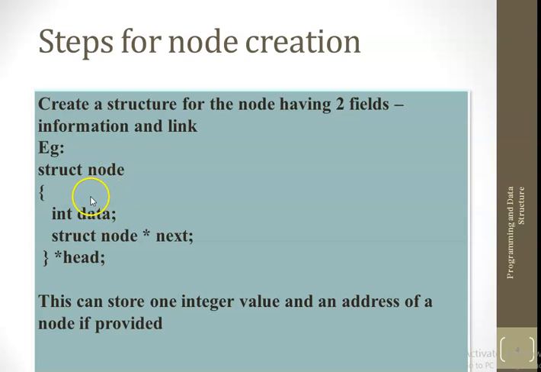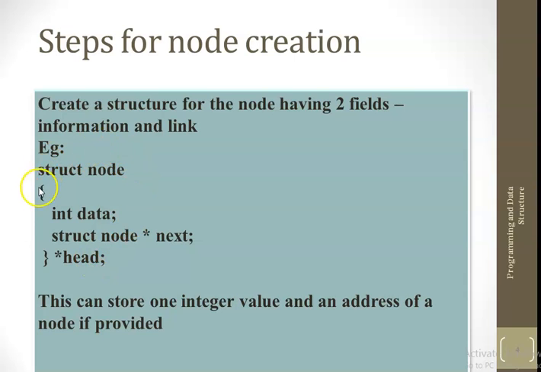So a linked list is a collection of self-referential nodes, or nodes formed using self-referential structures. So here we are declaring a structure variable also. We must include the beginning address of a linked list. For that I am using the word head.